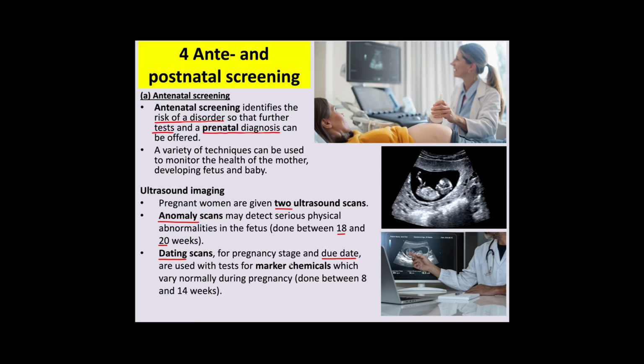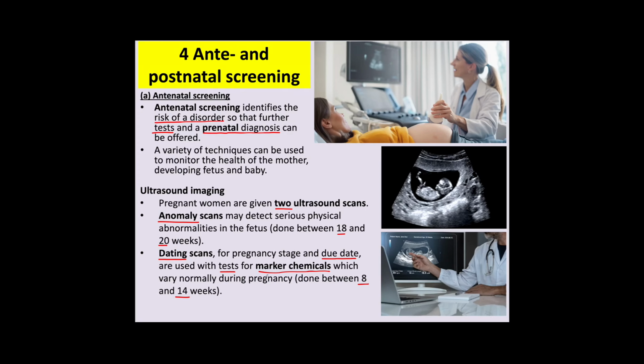And what that also helps them with, if they know the pregnancy stage and the due date, is that it can then be used in conjunction with tests that look for marker chemicals. That's the chemicals which increase and decrease in concentration during different stages of pregnancy, and they will vary throughout. And this dating scan is done between 8 and 14 weeks.